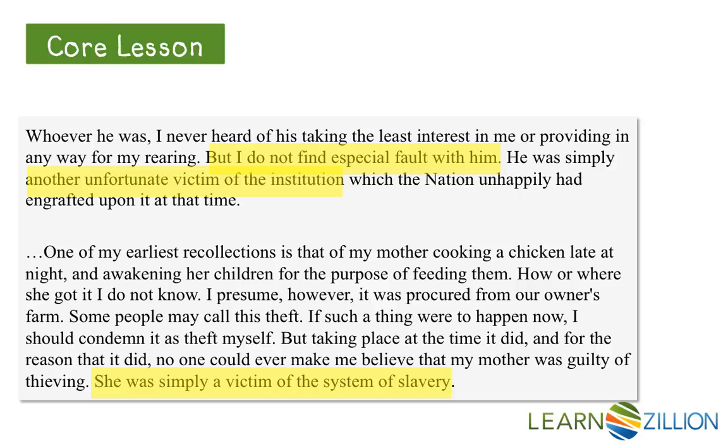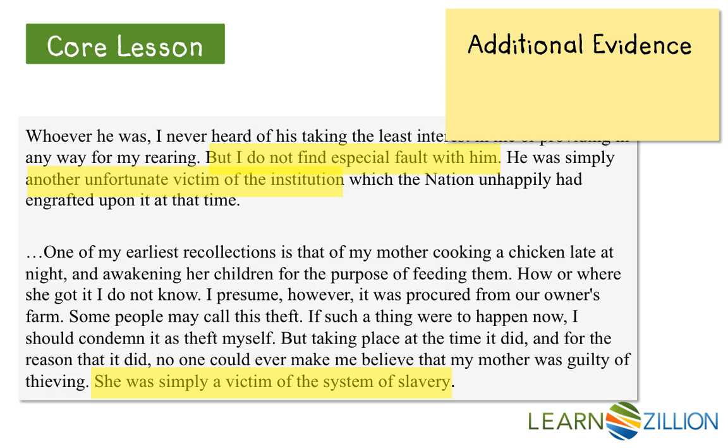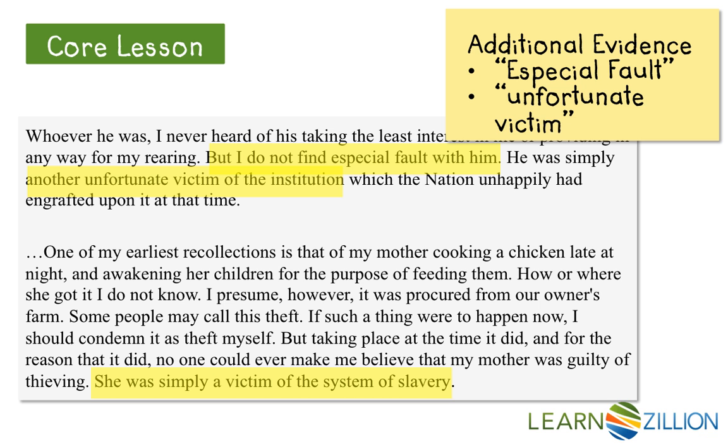With his father, he says that he doesn't find a special fault with him, that he was just an unfortunate victim of the institution, and that she was simply a victim of the system of slavery. So who knows how this will fit in, but they're singing out to me as important, so I'm just going to jot them down. A special fault, unfortunate victim. These pieces of evidence maybe will be useful if I restructure how my essay is fitting together.